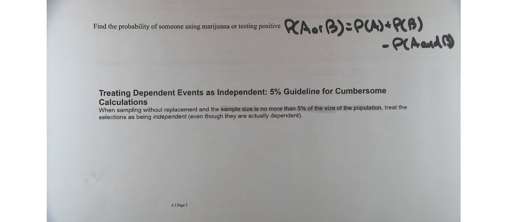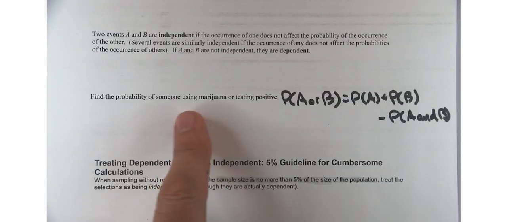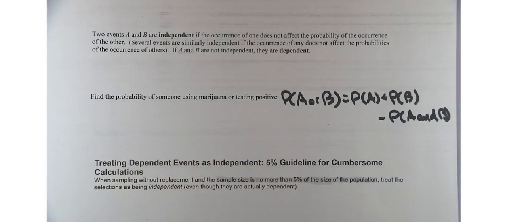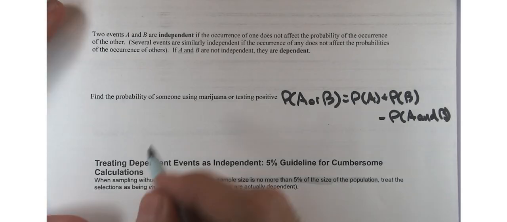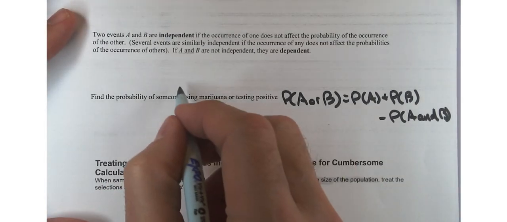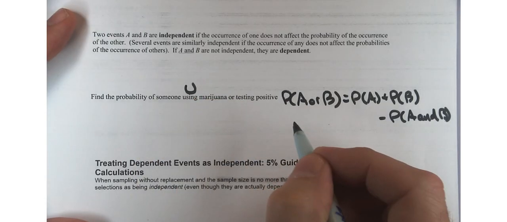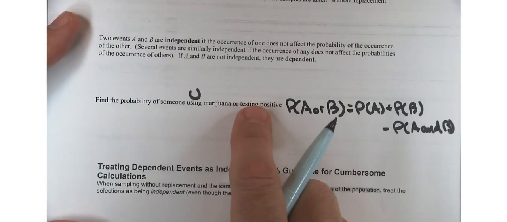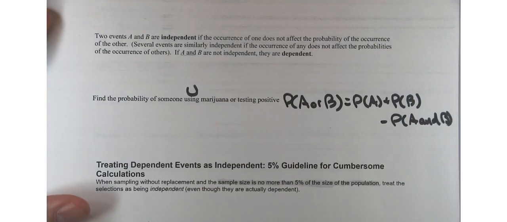So let's see if we can figure out the probability of someone who uses marijuana or tests positive. Let's use some notation here. I'll just call that U for use, and I need a different notation for test positive.